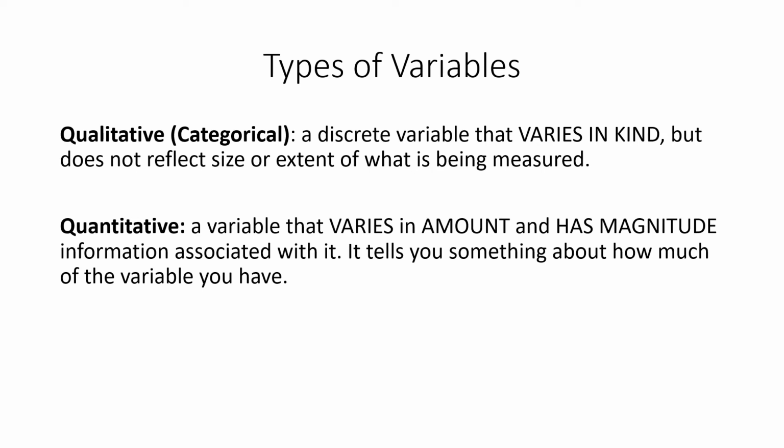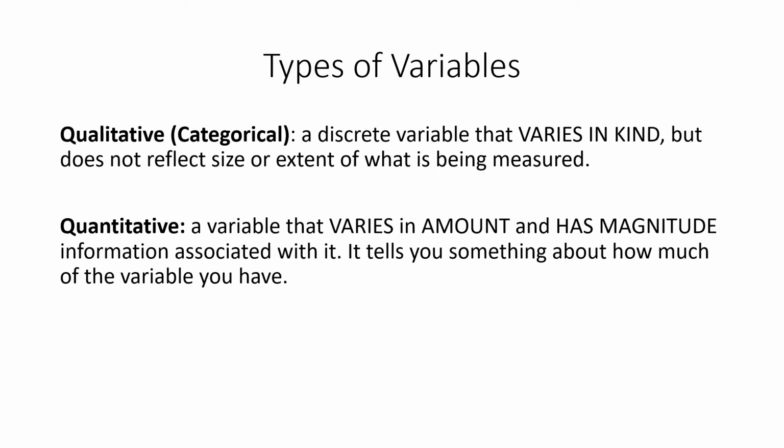Conversely, quantitative variables are variables that vary in amount. So these are variables that vary in how much amount there is. You're looking at things like height or other variables that can be measured. Sorry, I am manipulating this slide as I'm talking.